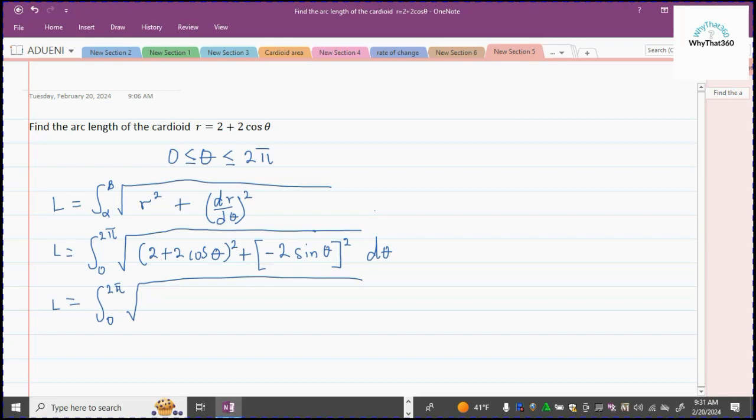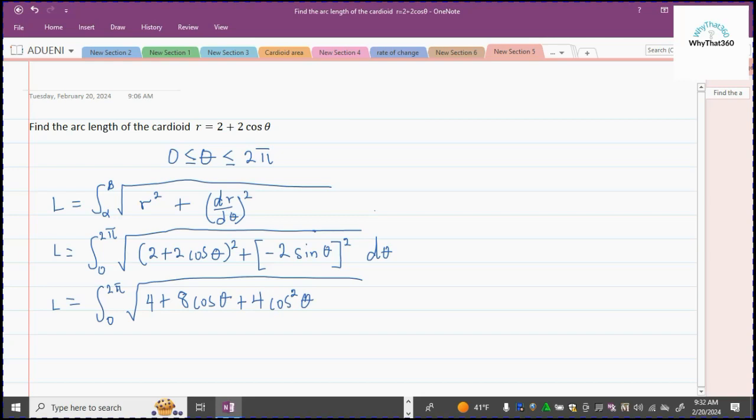If we do that, we will get 4 plus 8 cos theta, that is 2 times 2 times 2 which is 8, and then plus 2 cos theta squared, which will be 4 cos squared theta.